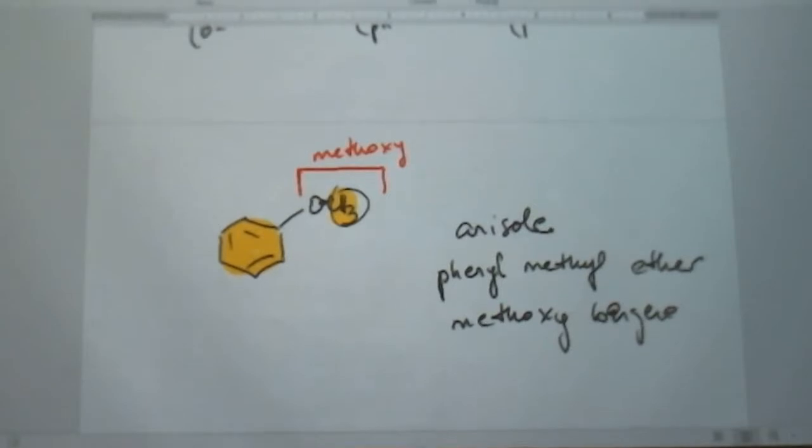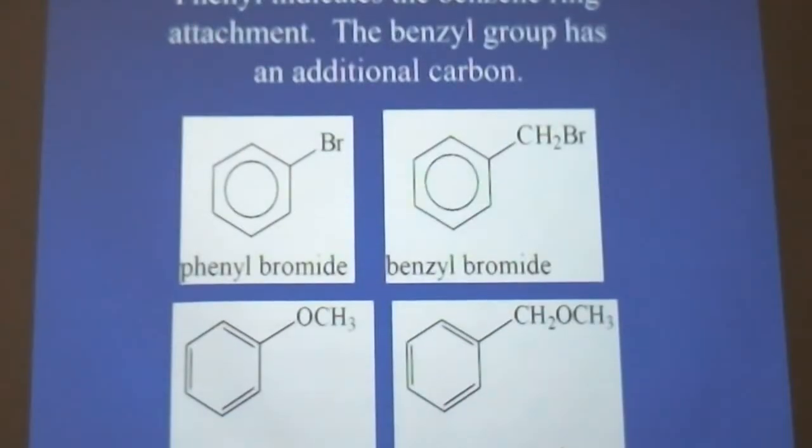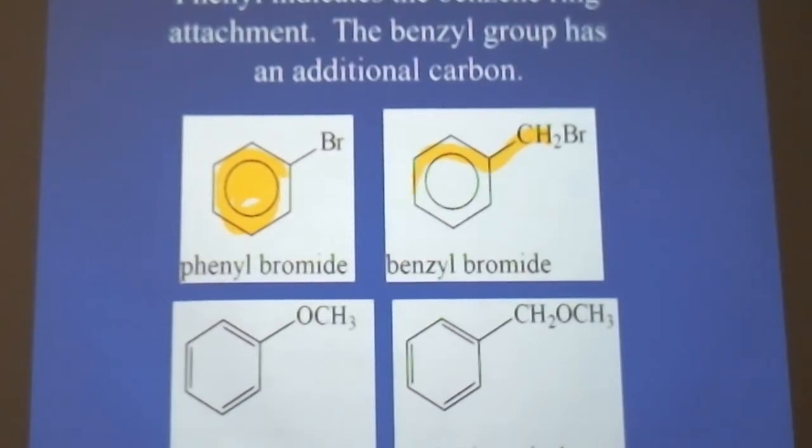But understand that you can talk about a substituent on your benzene ring, assuming the benzene is the parent compound, and then talk about the substituent. So I could talk about, let's say, a halide, and talk about this being a substituent of the bromide, and call it phenyl bromide. Or I could talk about this being a substituent of the bromide. This with the CH2 is called a benzyl bromide.